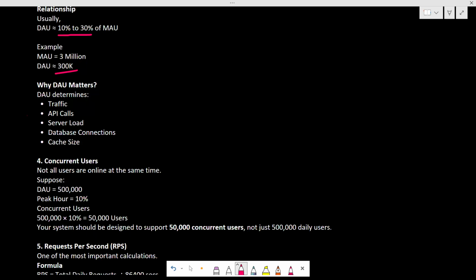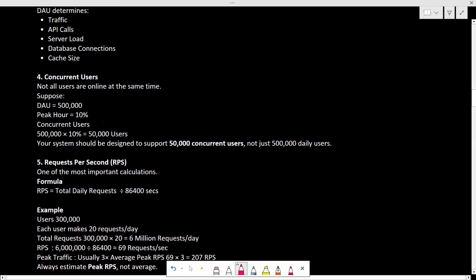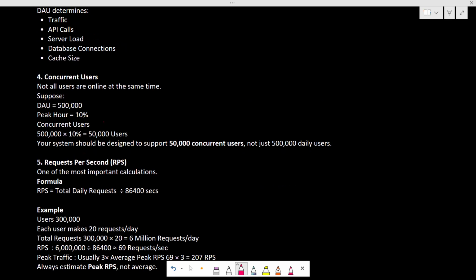Okay. So now, concurrent users. Not all users are online simultaneously, right? So suppose our application has 5 lakh daily active users. If approximately 10% of them use the application during the busiest hour, we get around, suppose, 50,000 concurrent users.